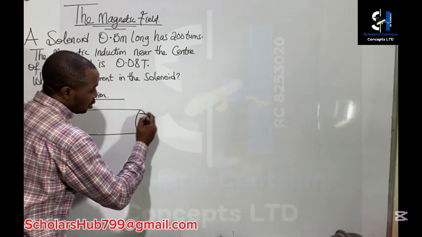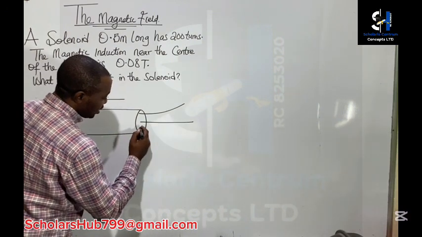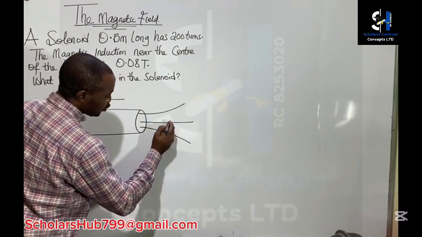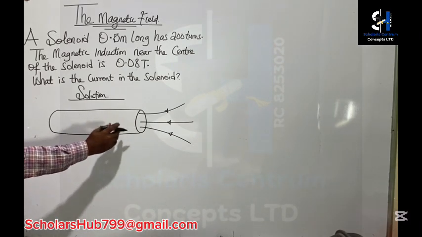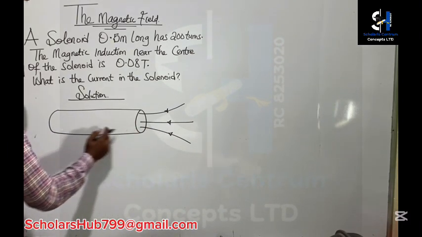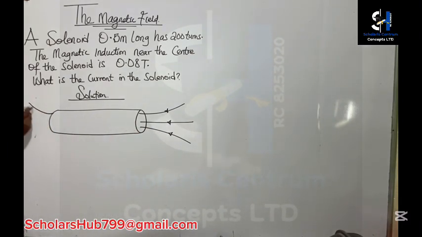Let's say we have the magnetic lines of induction, also known as magnetic field lines of force, entering the solenoid on this end. Then the lines are leaving the solenoid at this other end.